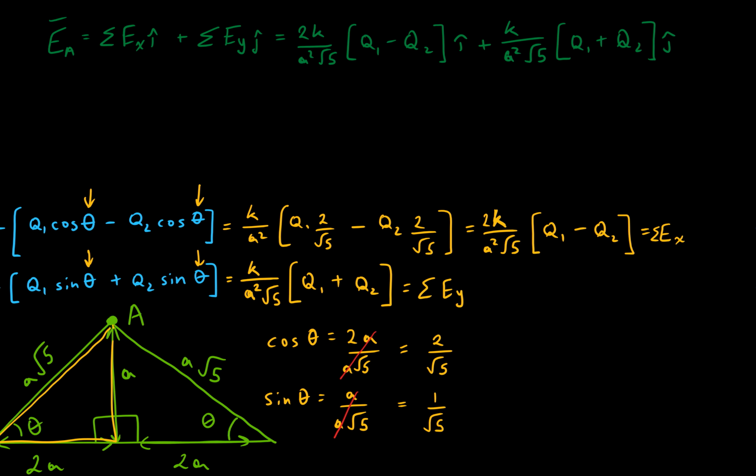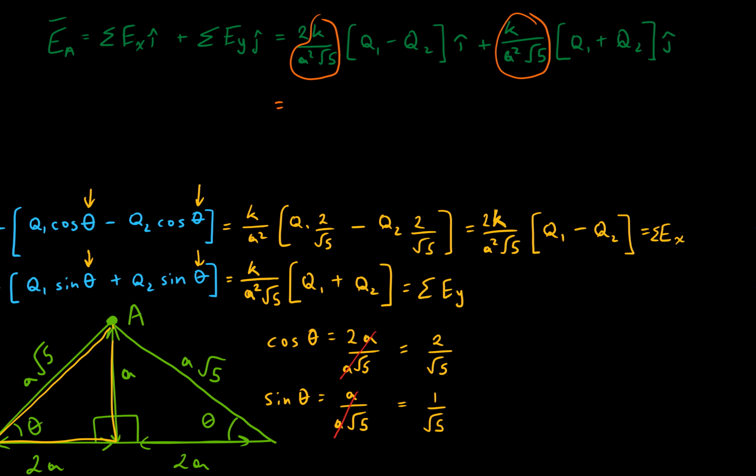And now we'll recognize that k, a squared, and the square root of 5 are in common in both of these terms. So we can go ahead and take all of this out.